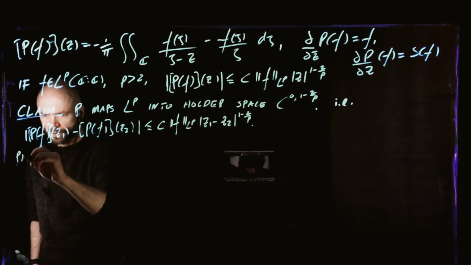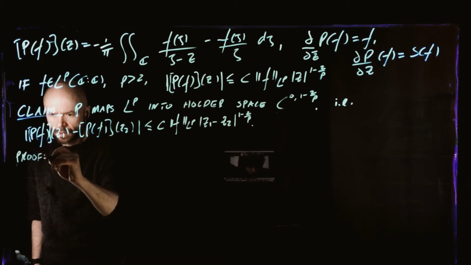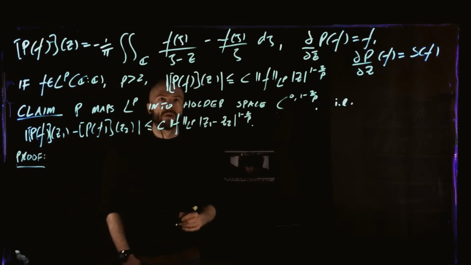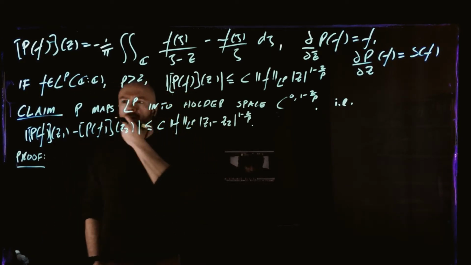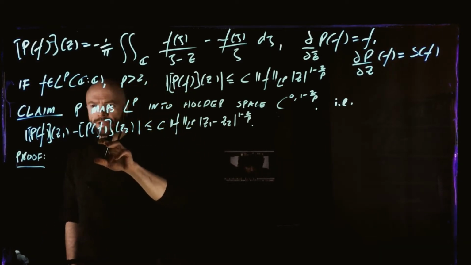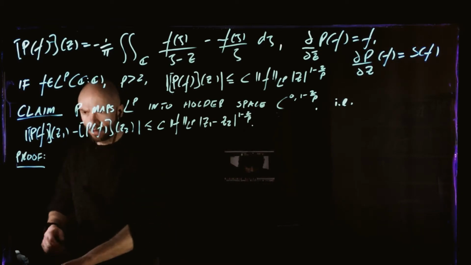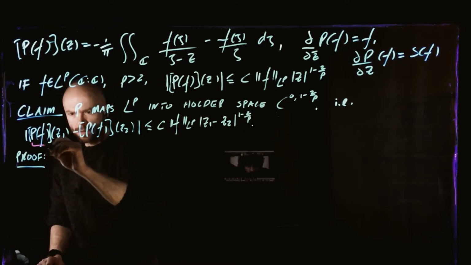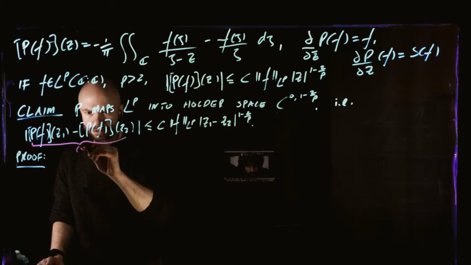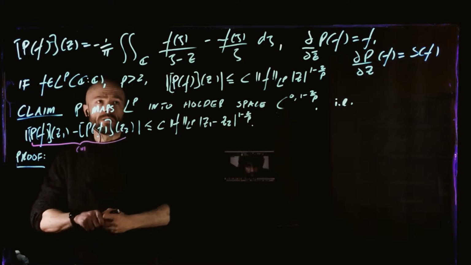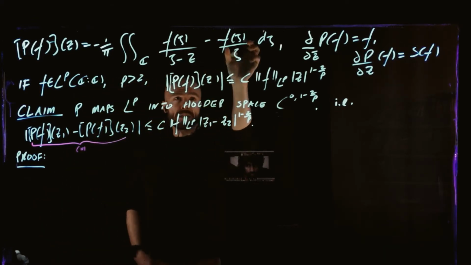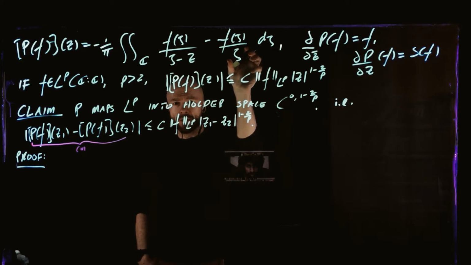So, proof. Well, let's just look at this expression right here. So, let's look at this internal expression inside these brackets. Let's call this thing star. From up here, we see that there's going to be this cancellation of this part right here, right?